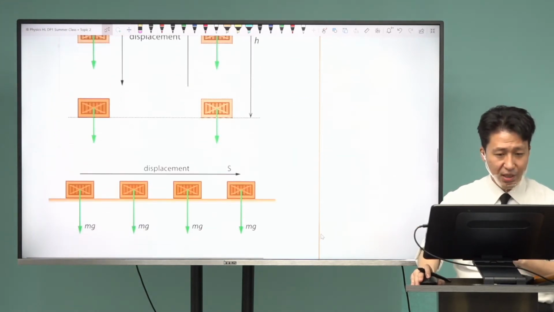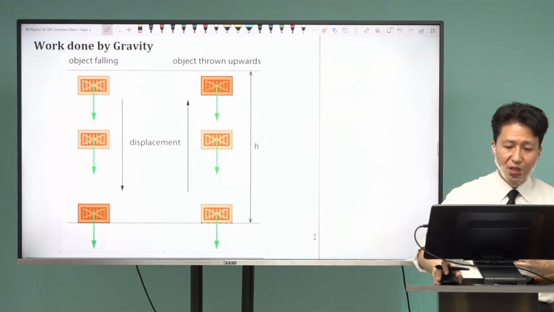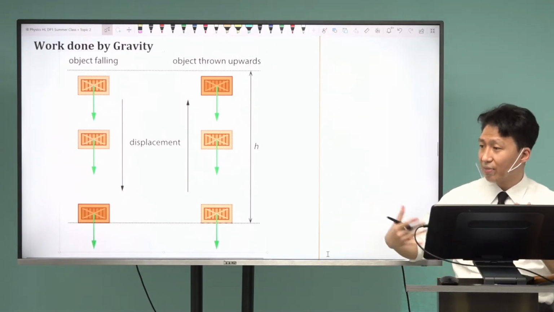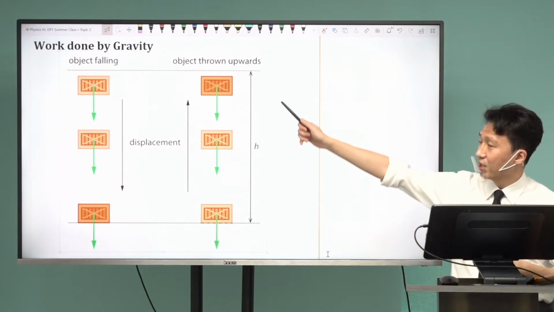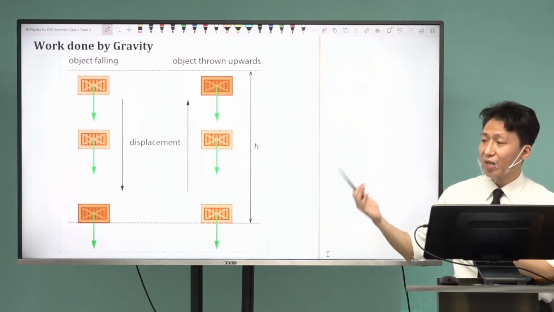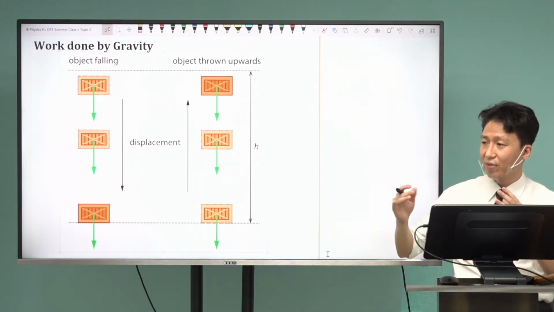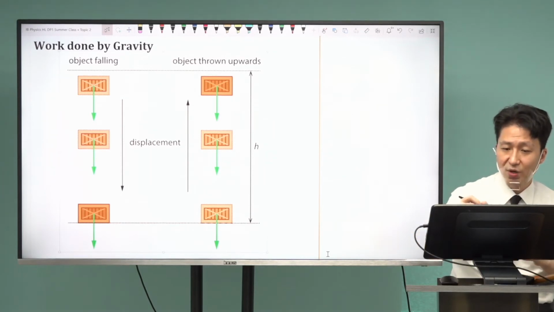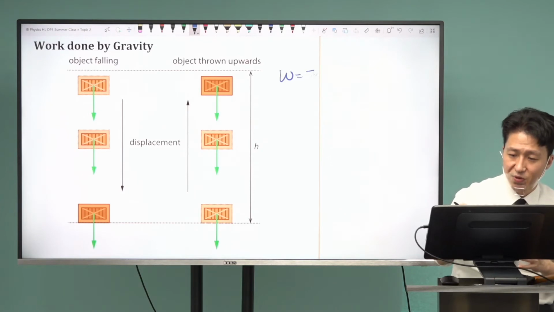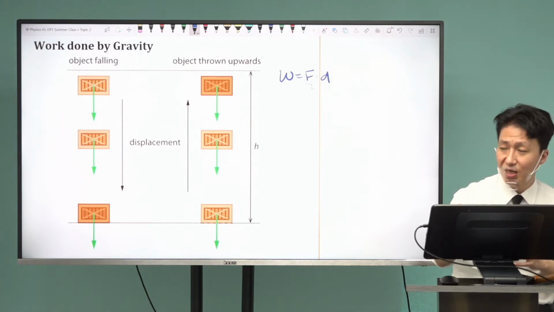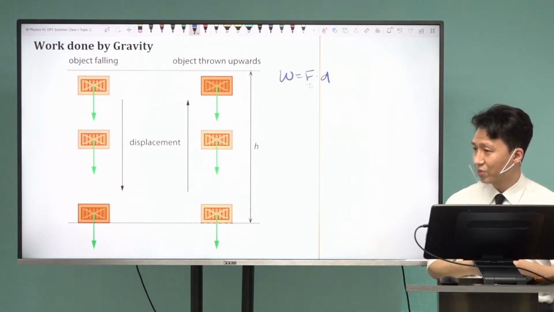Everything good? Okay. And then we return; we have to probably review everything we did. Again, the work done by gravity, right? You have to take force in the equation where work equals force times displacement. This force has to be the gravitational force, right?